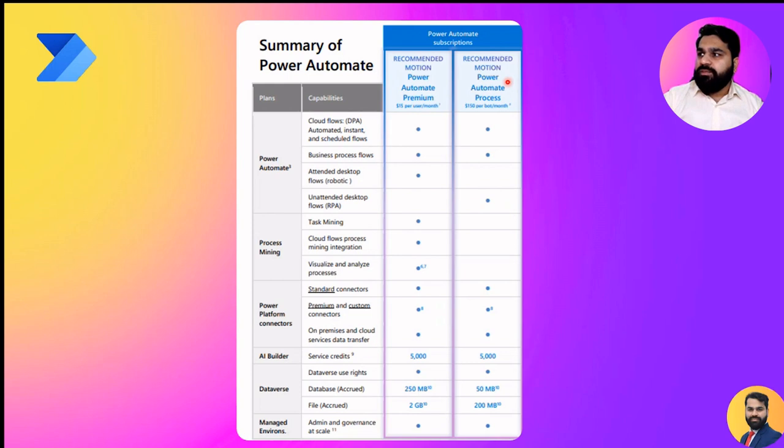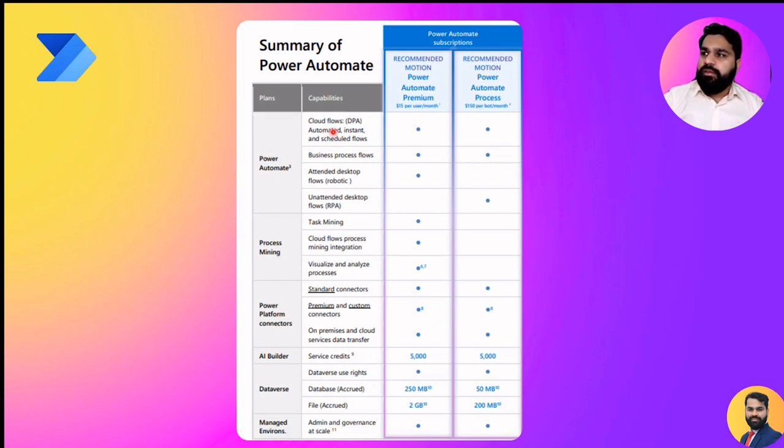The other type of subscription is Power Automate Process, which is $150 per bot per month. This is not assigned to the user. In turn, it is assigned to a particular Power Automate. What is the difference between these two? I'll come to that.